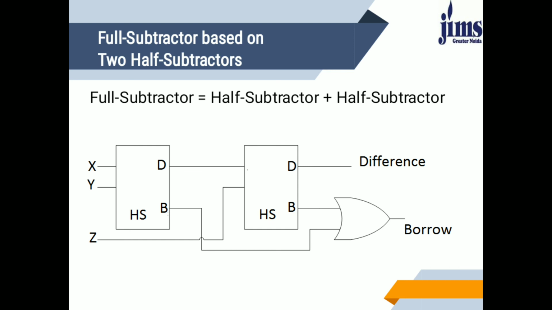Now the output will be generated according to your inputs. The output will be the gray code of the inputs. So accordingly 1, 2, 3, 4 signal lines can be generated. These signal lines will be implemented through gates. This is the basic block diagram of a binary to gray code converter.